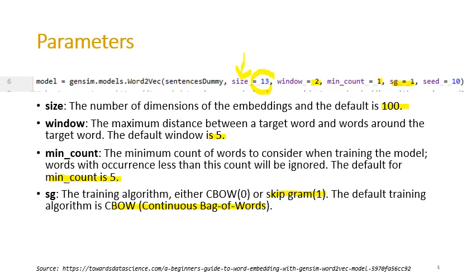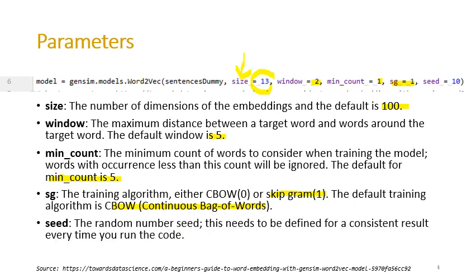And finally is the seed parameter. If you do not specify this parameter, every time you run this program, you will get a slightly different result. But suppose you want to get exactly the same vector anytime you run this code, you need to specify that the random seed number you use is a particular number.